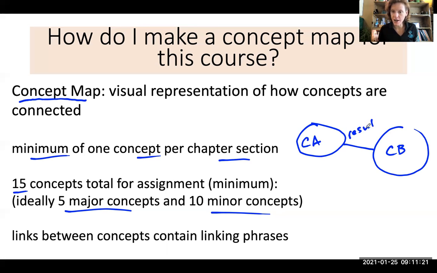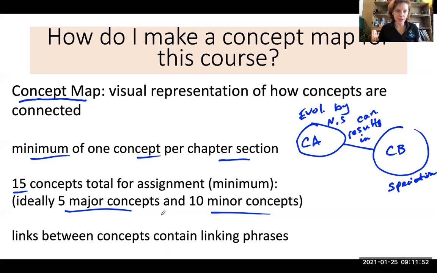Results, R-E-S-U-L-T-S, results in concept B. So you might say, evolution by natural selection results in speciation, right? It can, not always. So you could put results in, or you may say can, maybe to be more accurate, can result in speciation. So something like that. Let me go through.